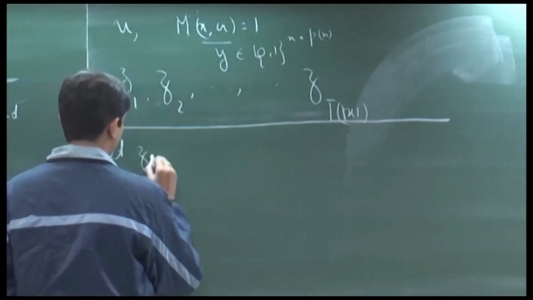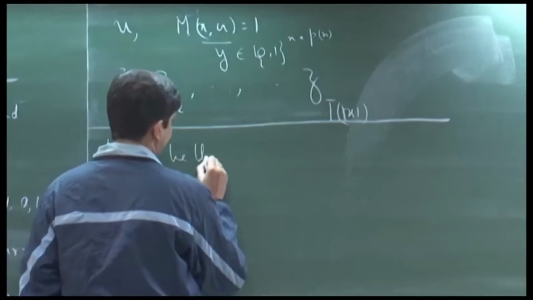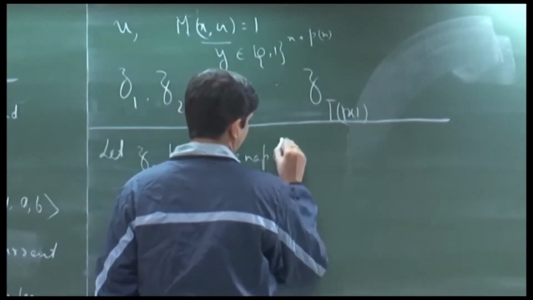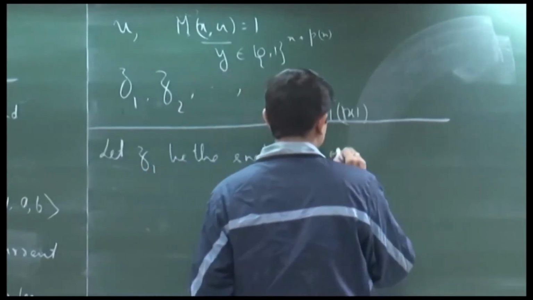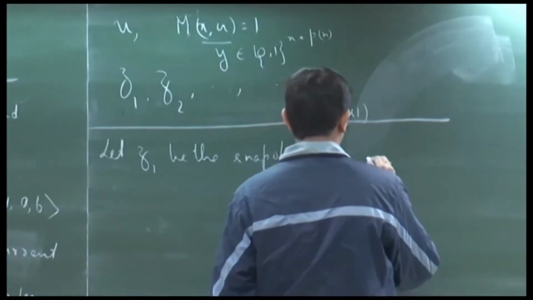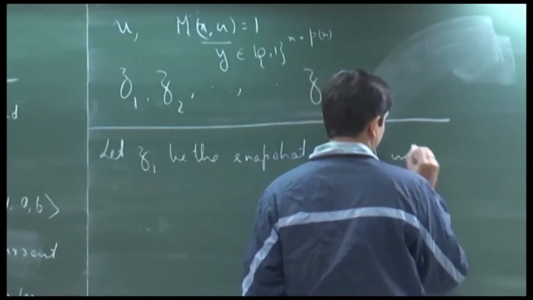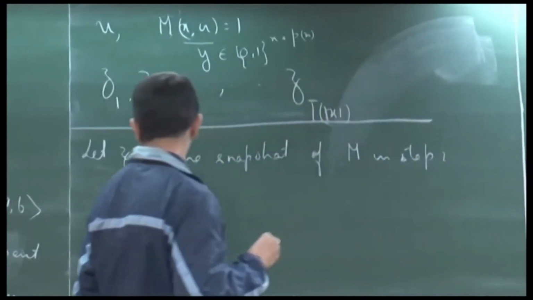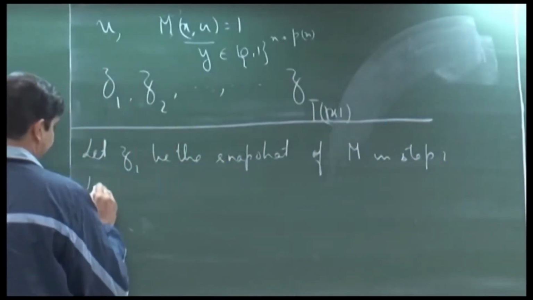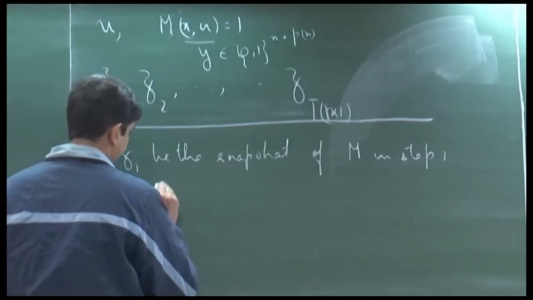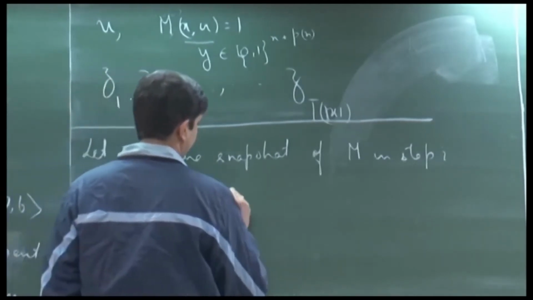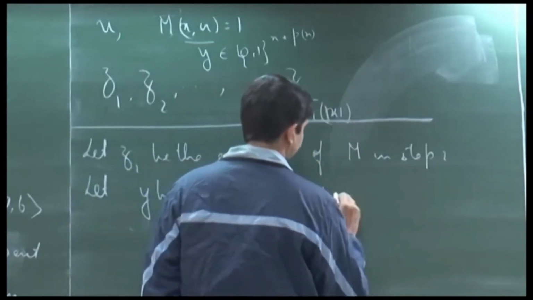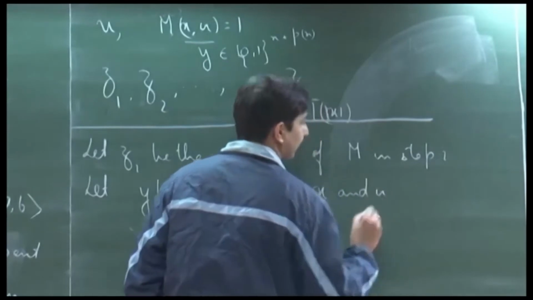So, let Zi be the snapshot of M in step i, and let y be the concatenation of x and u.